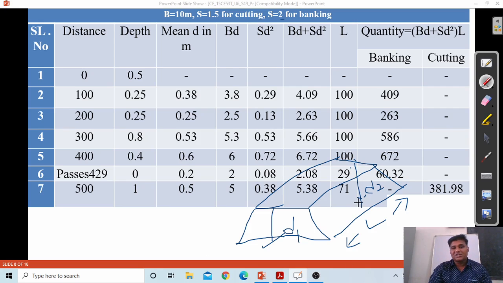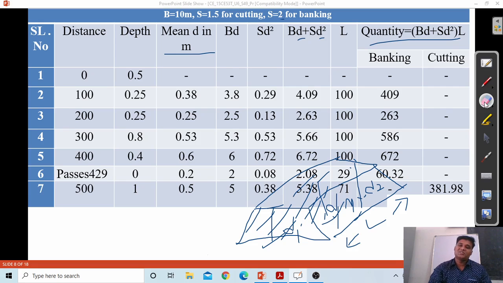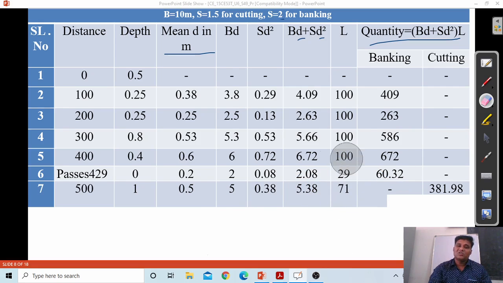So D1 plus D2, I am going to get the middle, that is DM, the mean depth. So the mean depth will be calculated and the D value will be substituted here. Finally I am going to get the area at the middle. This middle area into the total length will give the total quantity. So this is the explanation of this tabular column.